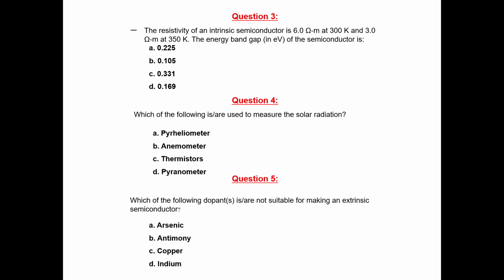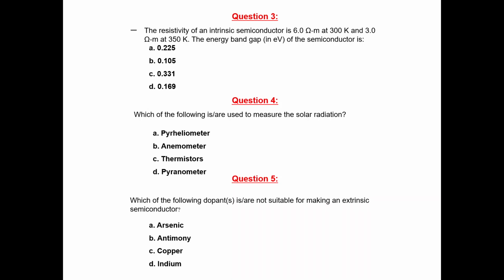Yeah, mixing, but in the pure form, is it there? No, not in pure form. There are multiple dopants. I think apart from arsenic, maybe all of them are not suitable. Antimony is suitable. Copper and indium are not suitable.